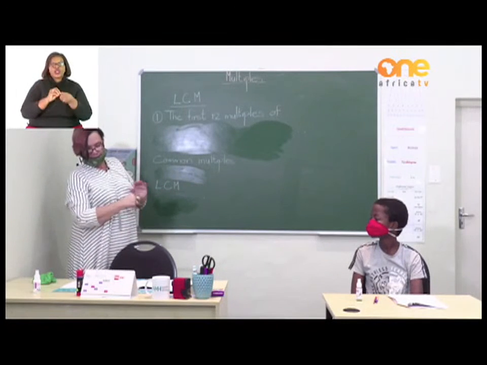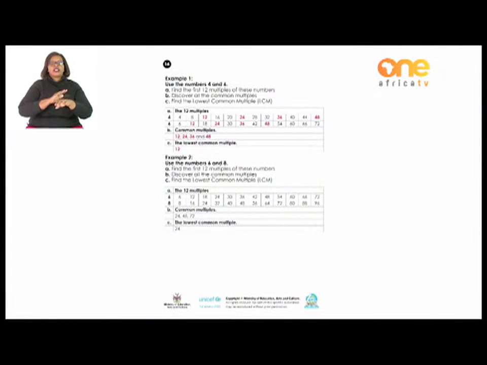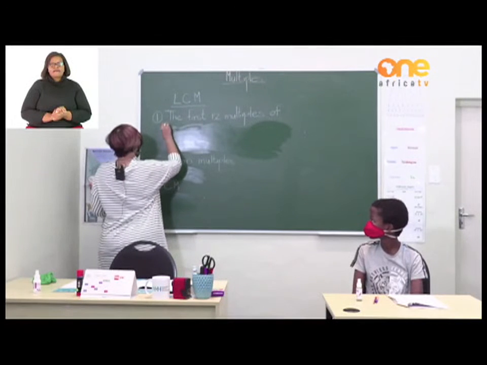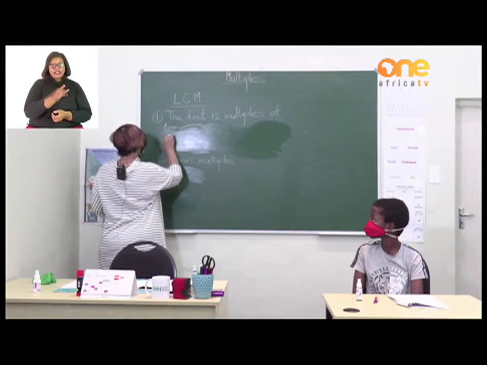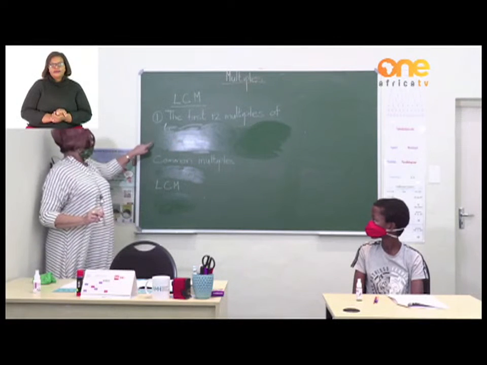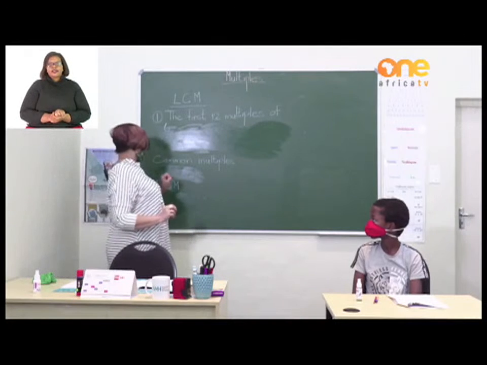If you go back to page 14, our example 2, we have to find the first 12 multiples of the numbers 6 and 8. So let's focus on the board again. The numbers that we have to find the LCM of are 6 and 8. Pomwene is going to assist us.